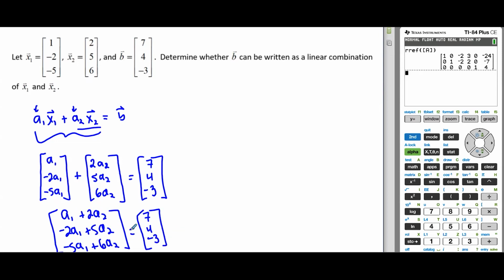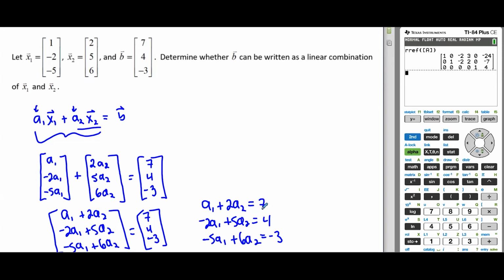And you can see all this is a system of equations, right? It's a1 plus 2a2 equals 7. Negative 2a1 plus 5a2 equals 4. Negative 5a1 plus 6a2 equals negative 3. So we know how to solve this system for a1 and a2.